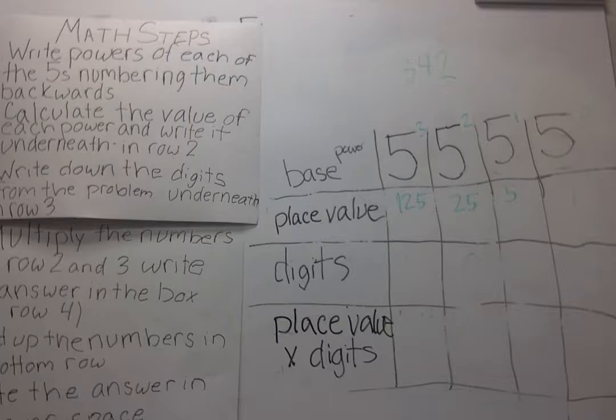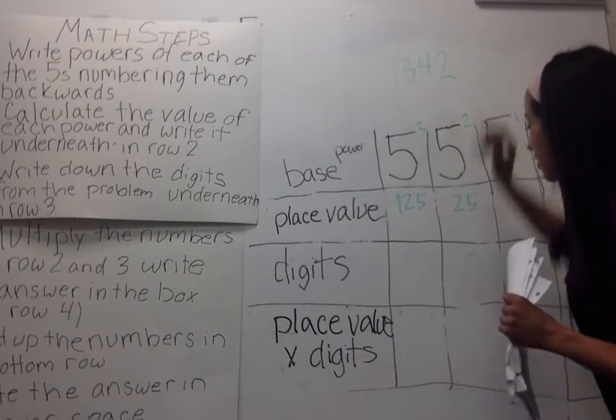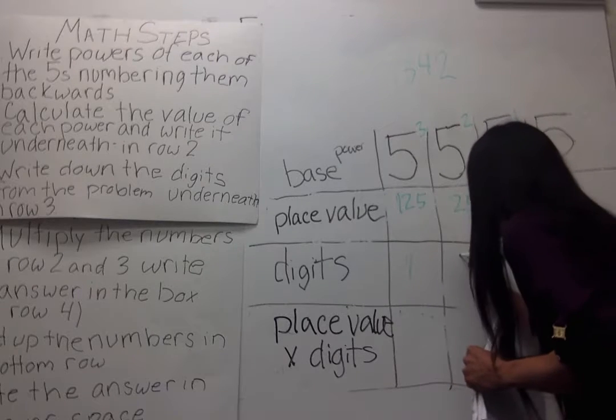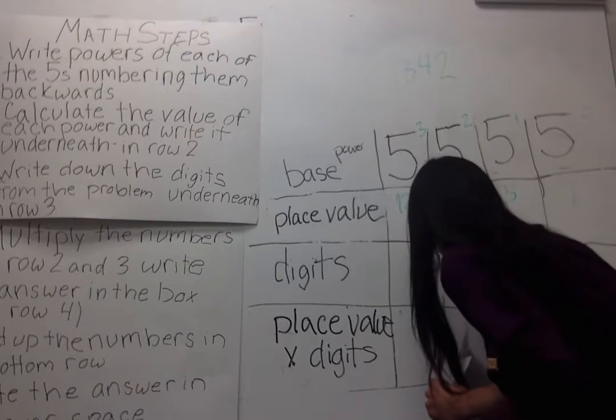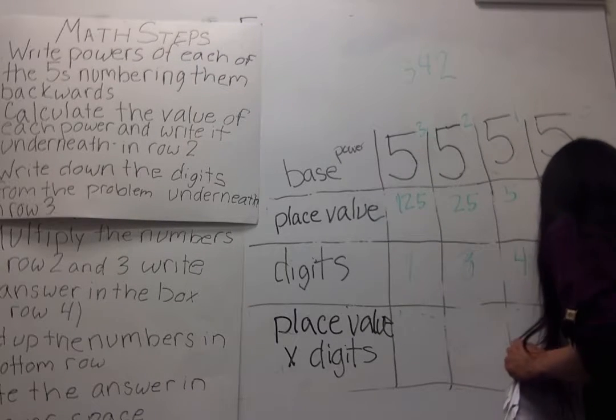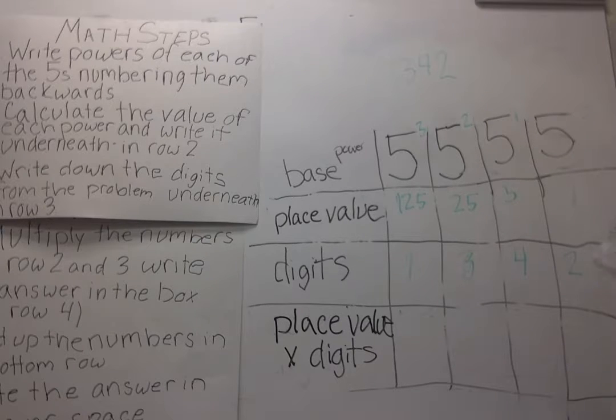Right here is when we would write in the digits from the problem you're trying to solve. So here in row 3, we would write 1, 3, 4, 2. So what you do now is you would multiply row 2 and 3 to get row 4.